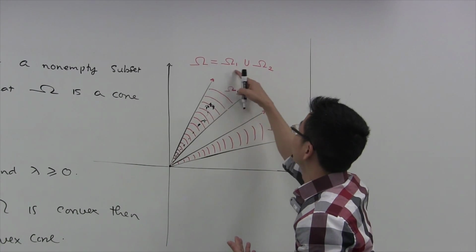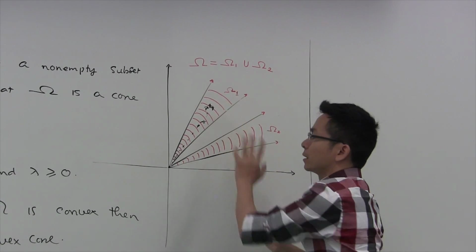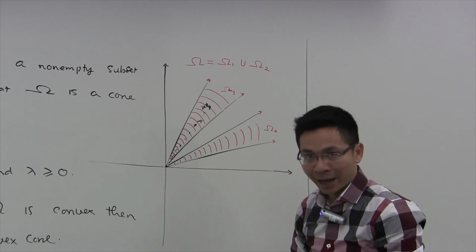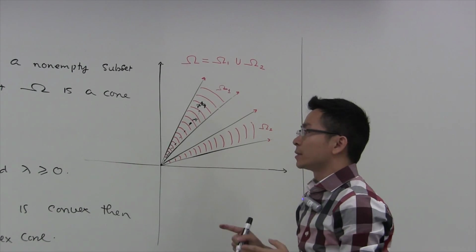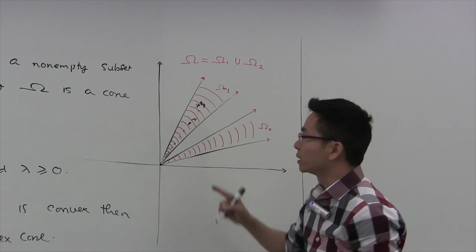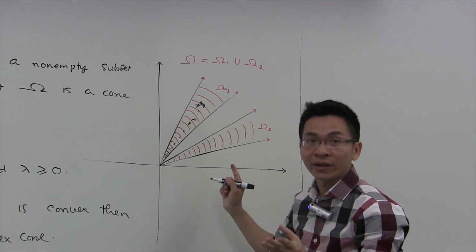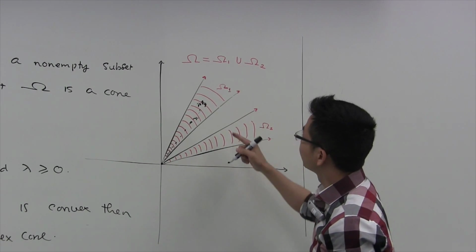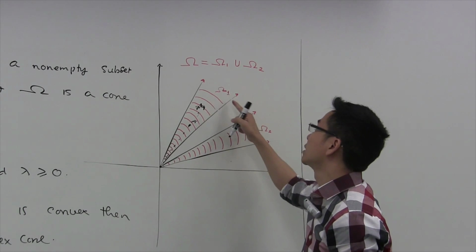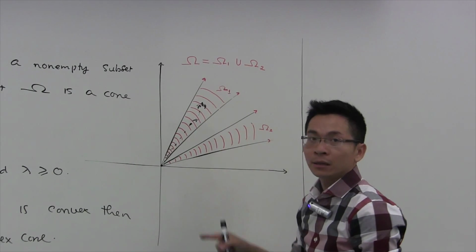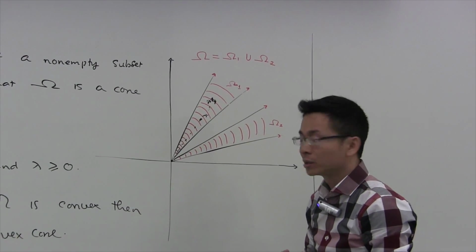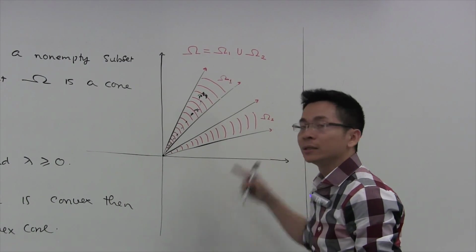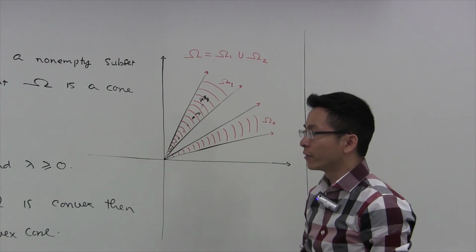Therefore, omega here is a cone in R^n. The cone omega is not a convex cone because it is not a convex set. However, from this figure, we can also see that omega 1 is a cone and it is convex, therefore it is a convex cone. Similarly, omega 2 is also a convex cone.